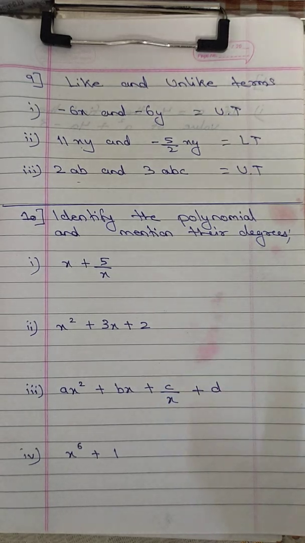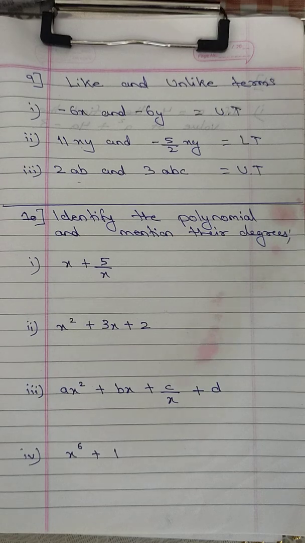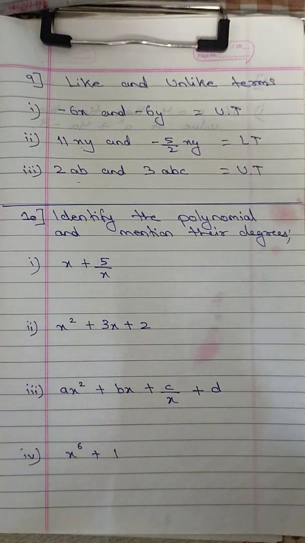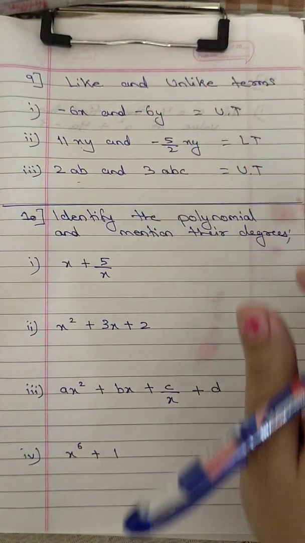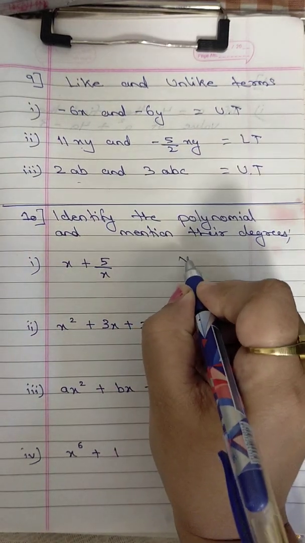So now let's see whether they all are polynomial or not and what the degrees are. Degree means the power which it is having. Okay. So let's start with the first question. I told you if it is in fractional form and the variable is in the denominator, it is not a polynomial. So this is not a polynomial.